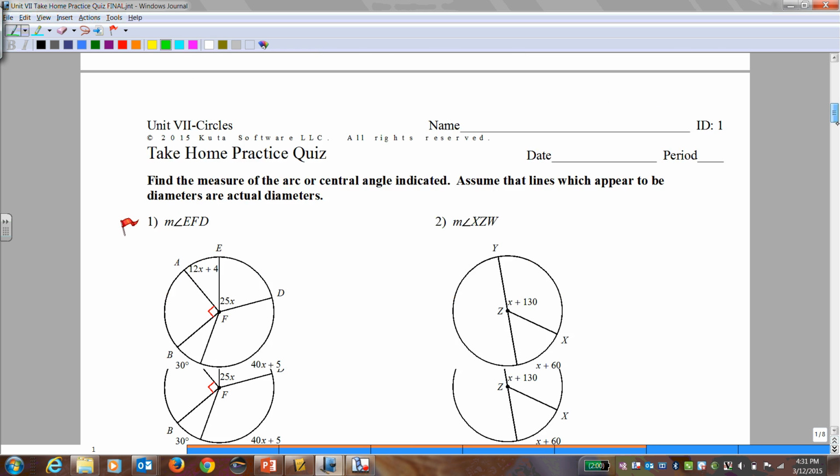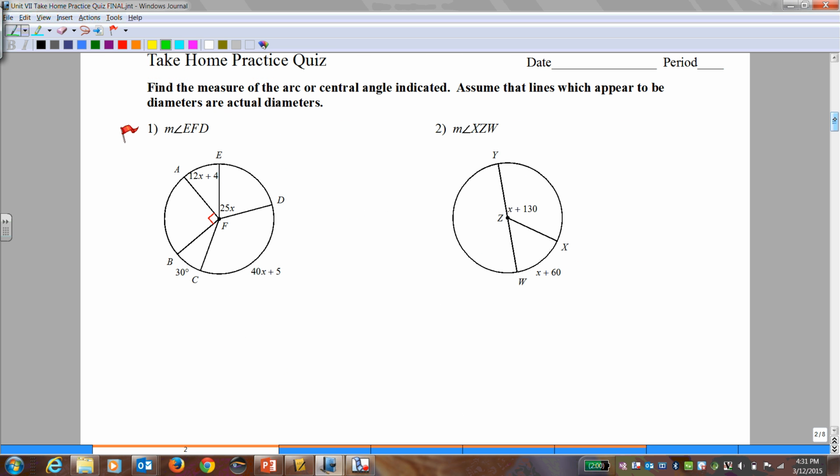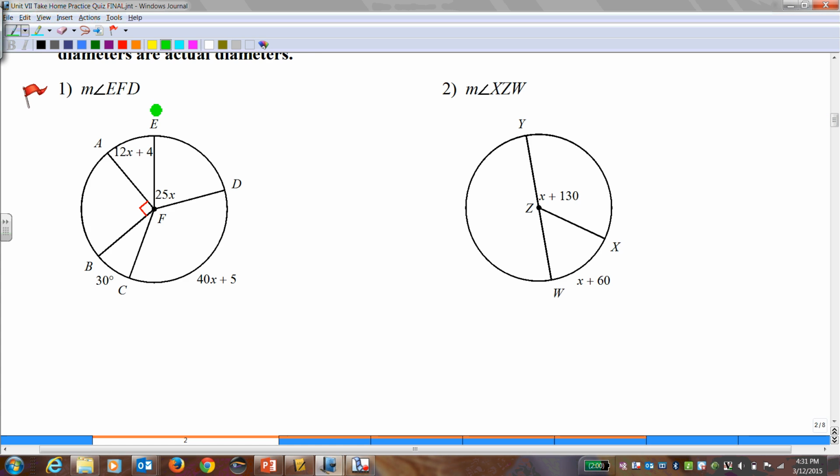All right, so for these ones, we are going to partially work through the flag problems here. These are all problem number 1. These are all central angles, and we learned that the measure of a central angle to its arc is the same. So I'm just going to recopy these so they're all in the same plane. That's 25x, and that's 40x plus 5.